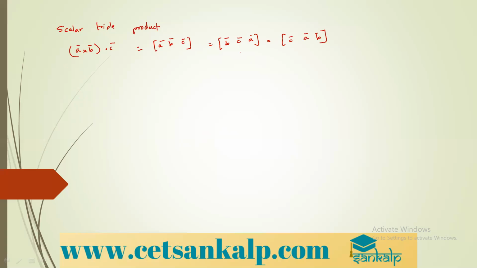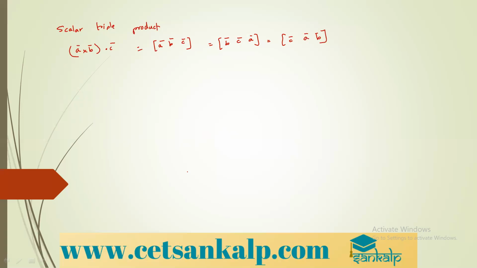So actually the scalar triple product, in short, we are representing as a box. But this box, if written in a particular order, is one and the same; they can be treated as equal, but the order should be maintained in a particular way.